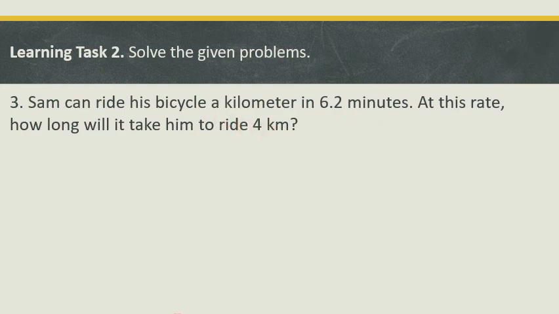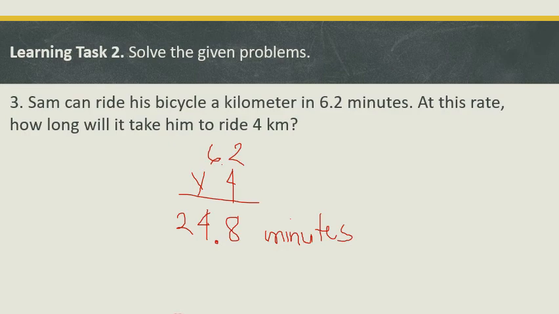So, we will multiply 6.2 by 4. So, 4 times 2 is 8. 4 times 6 is 24. And since isa lang ang decimal place, so nandito po ang ating decimal point. So, ibig sabihin, matatakbo ni Sam ang 4 kilometers sa loob ng 24 and 8/10 minutes.